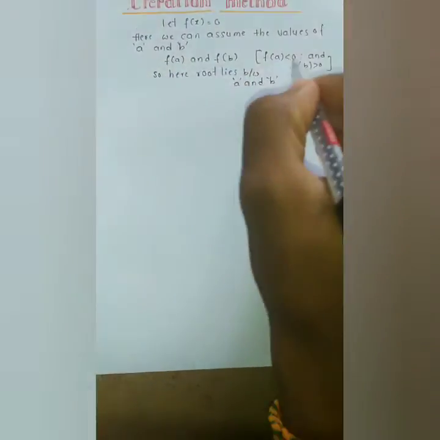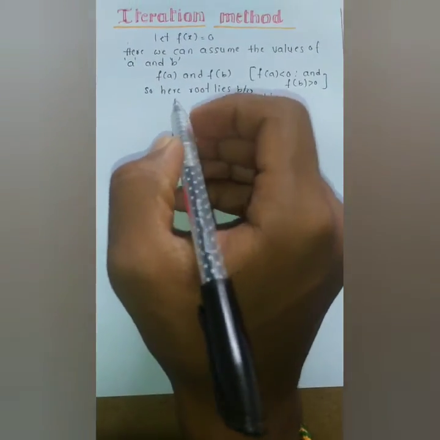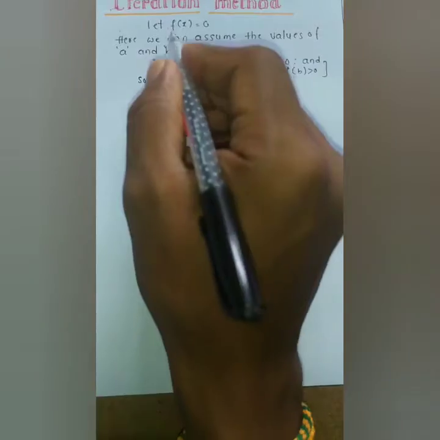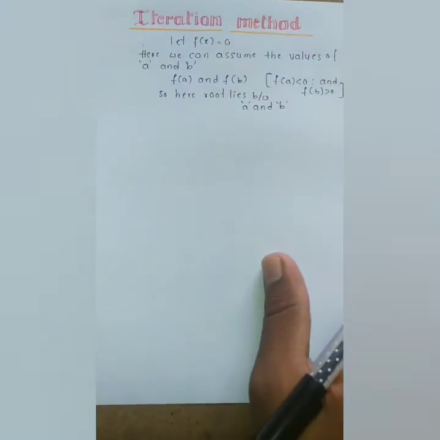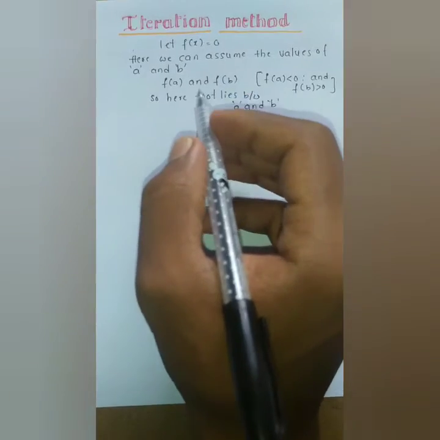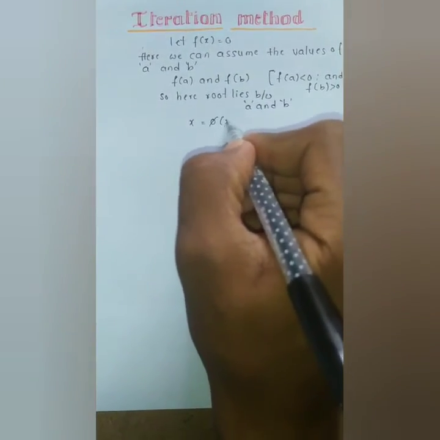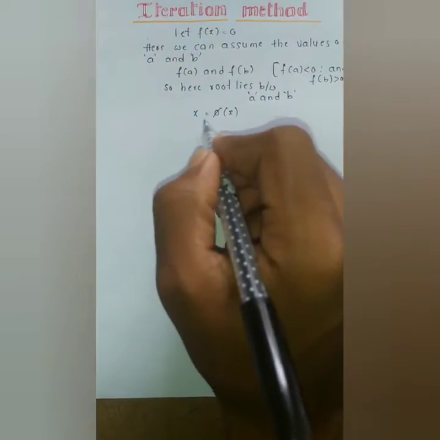Before doing this, we check the equation. We write the given equation f(x) in terms of x, that is x = phi(x).